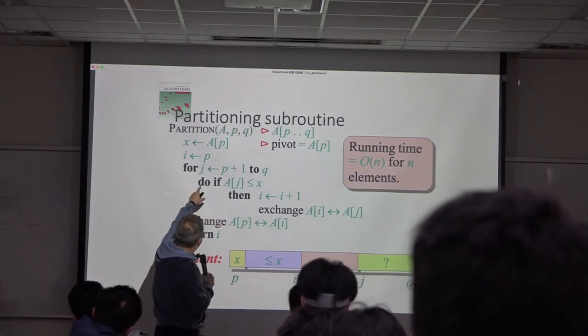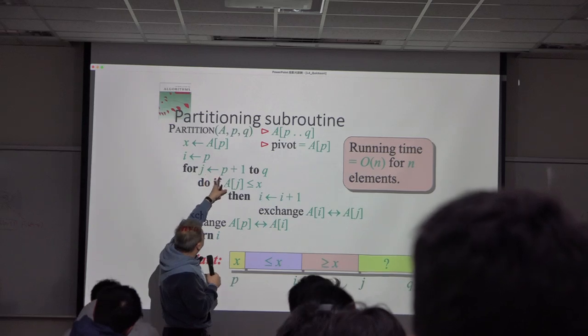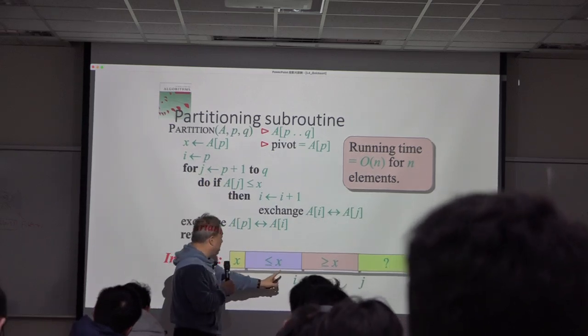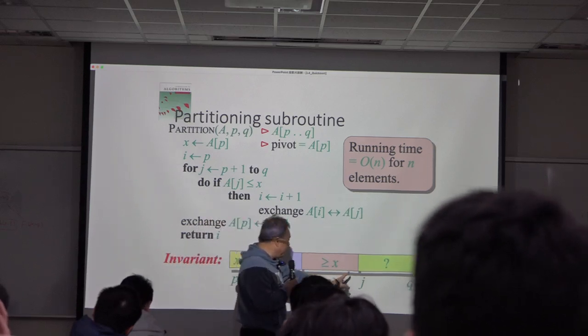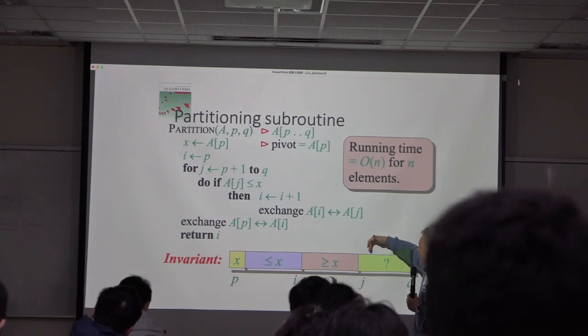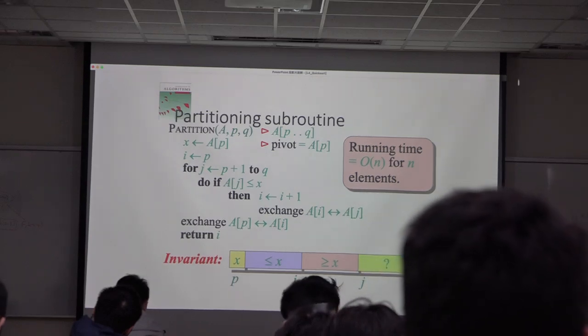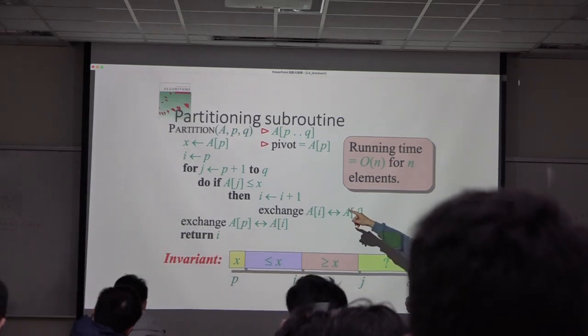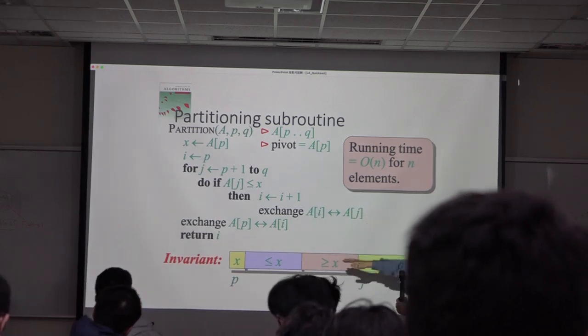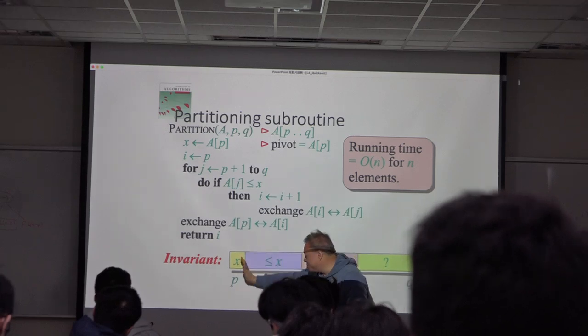This is the for loop. J is from P plus 1 to Q. Remember, J stands for the first index that has not been processed. So when we say J starts from P plus 1, it means starting from this place, the first element after the pivot.